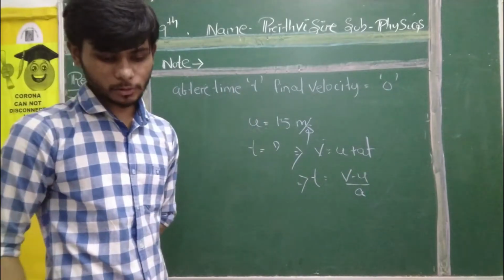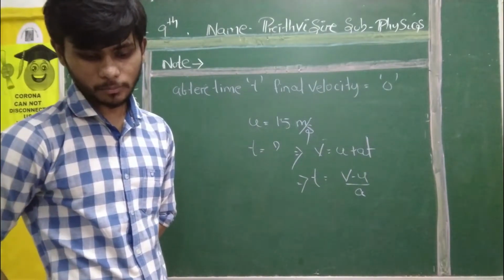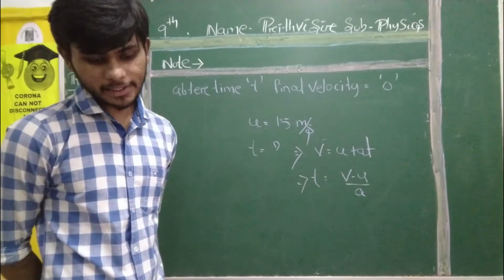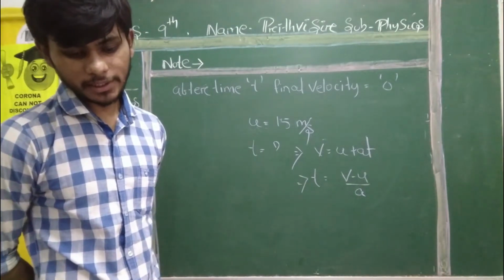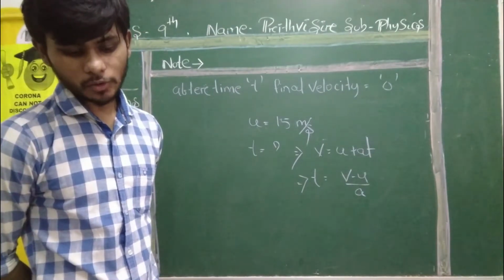Then we get t is equal to minus 15 by minus 0.3, which is equal to 50 seconds.